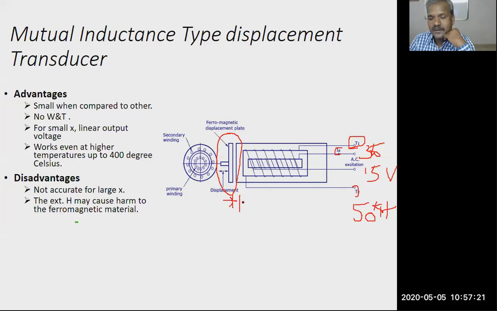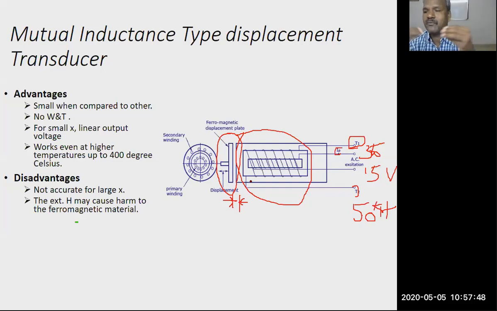The displacement is the gap between the movable ferromagnetic plate and the coil structure. This coil structure is also called a probe. So this is a mutual inductance probe. It is mainly used for sensing nearby objects.